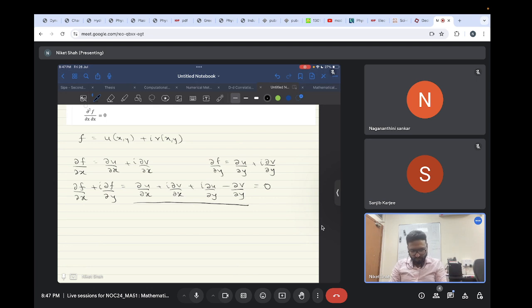The real part gives del u by del x equal to del v by del y. That is the first condition. The second condition is del v by del x equal to minus del u by del y.